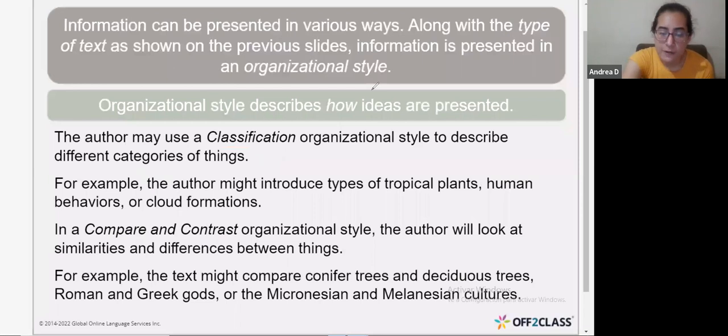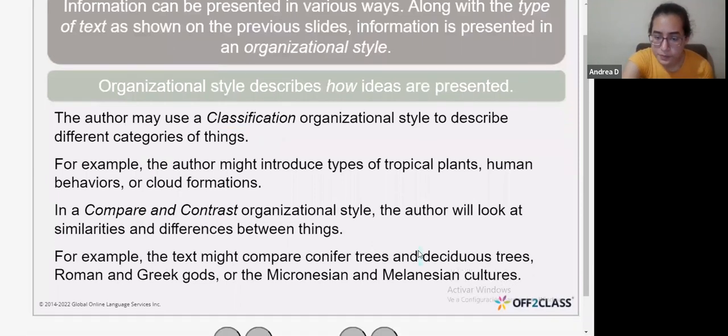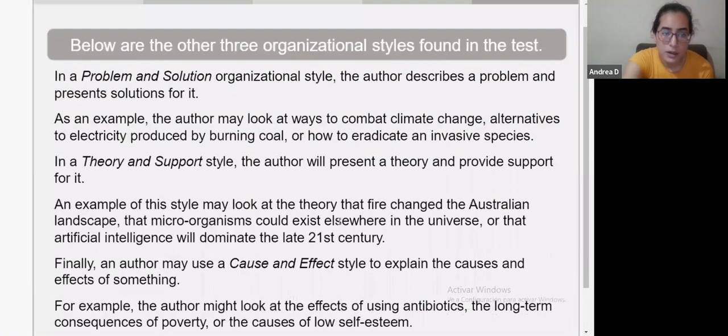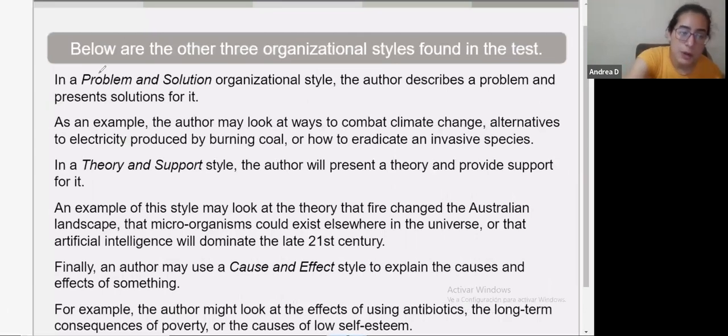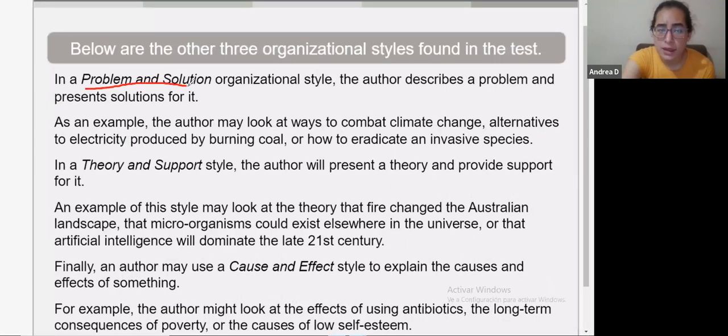You can also have something like problem and solution, right? That's common when you have an argumentative text. So maybe the professor is trying to say that the best solution to climate change is nuclear energy. So you have problem and solution.